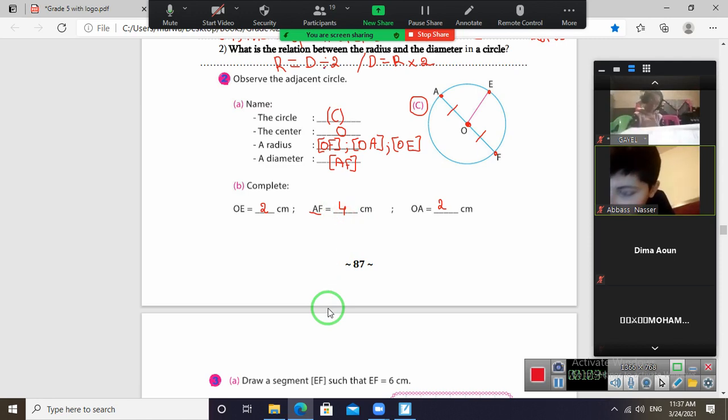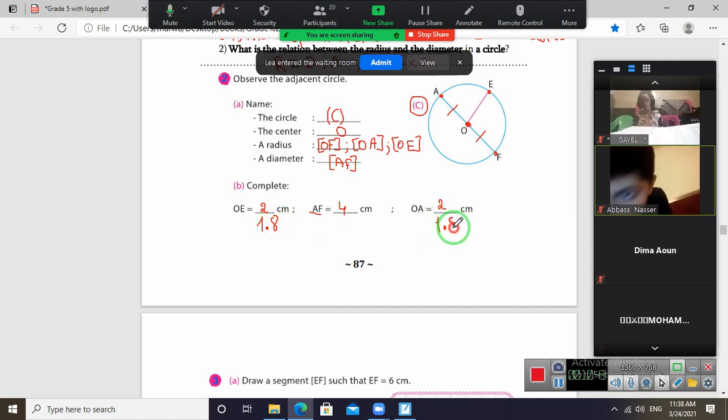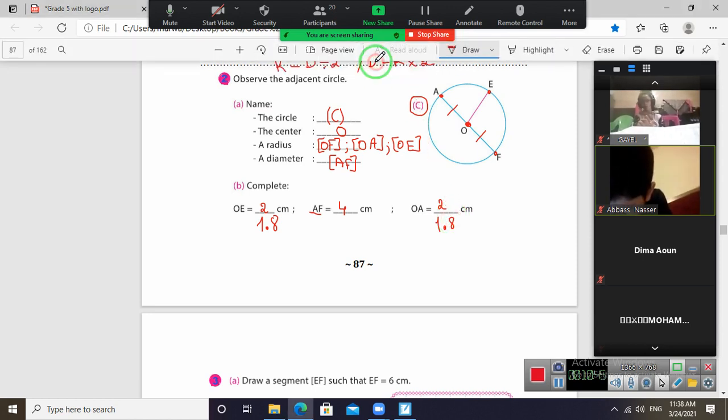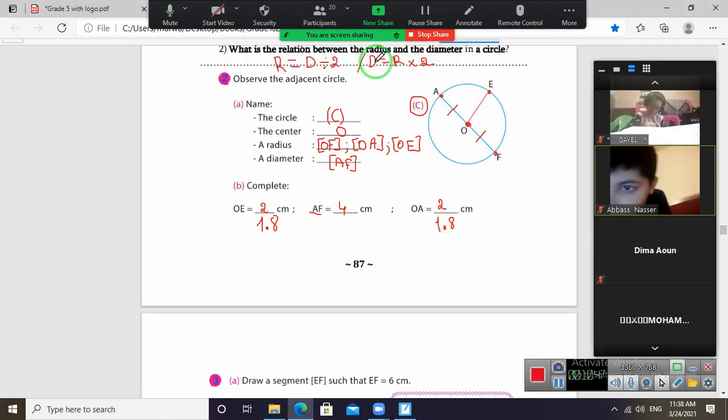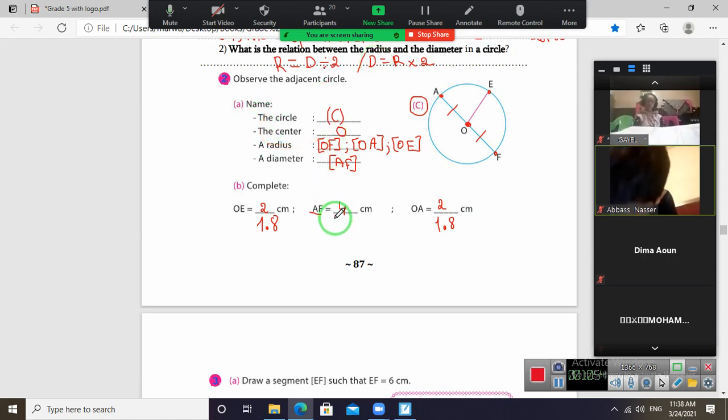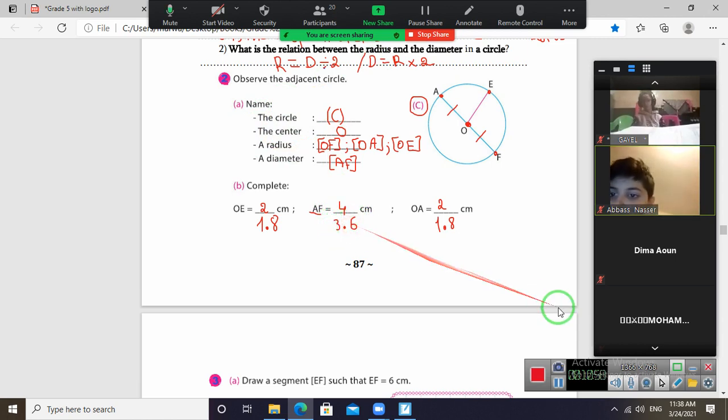But some students tell me that the measure is 1.8. So the radius here should be 1.8, and the diameter would be 1.8 times 2, which is 3.6. You can measure it with your ruler. So the 2 answers are correct.